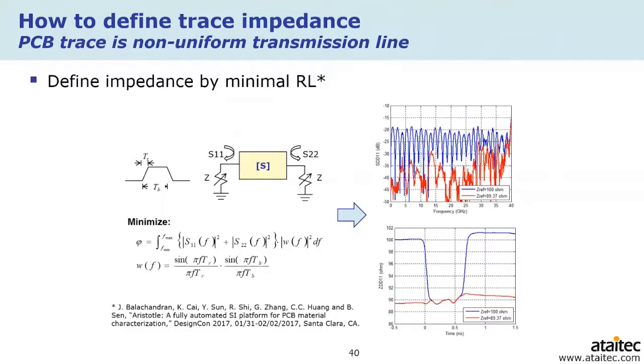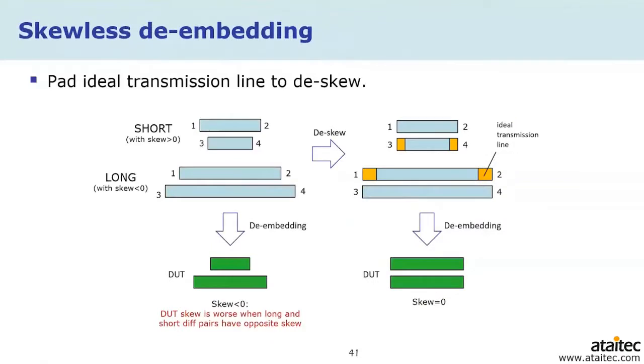And then because the PCB trace is actually a non-uniform transmission line, if we want to use just one number to express that, one impedance number, we can try to change the reference impedance until the return loss becomes minimum, and then we can say, aha, that reference impedance is the best number to represent that non-uniform transmission line's impedance. So all that is automated.